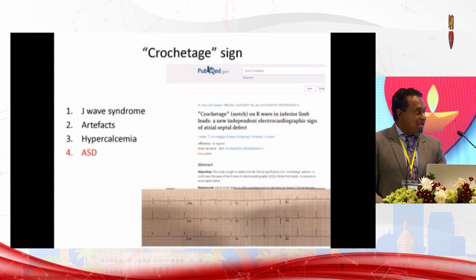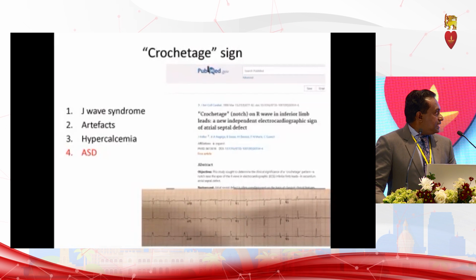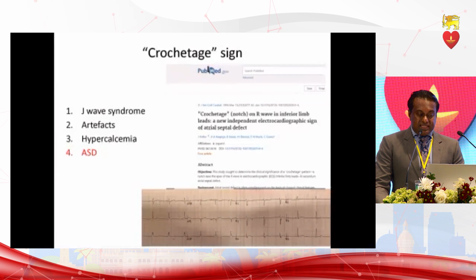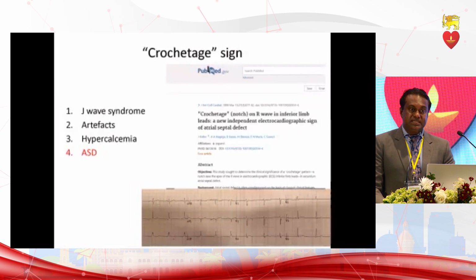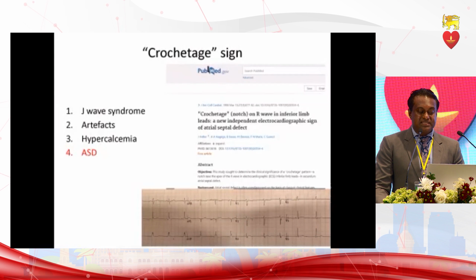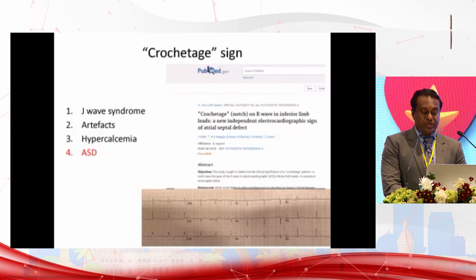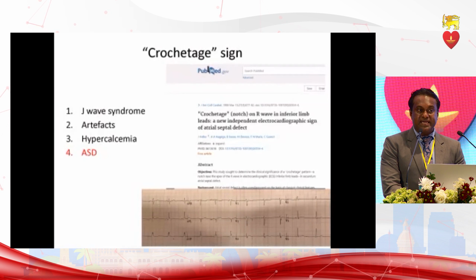This was described as a notch on the R wave, mostly in the inferior limb leads, and it's an independent ECG sign for ASDs, particularly when you diagnose at a fairly young age, younger than 20 years of age.